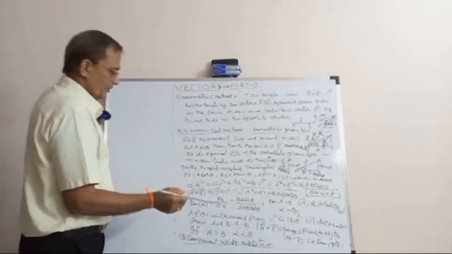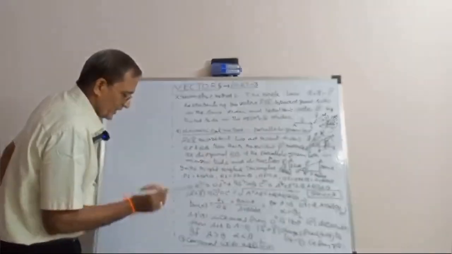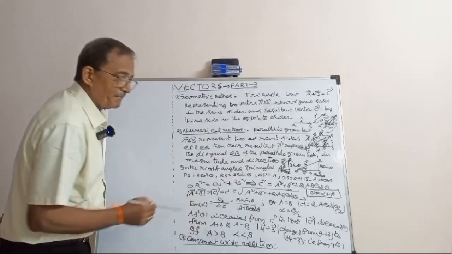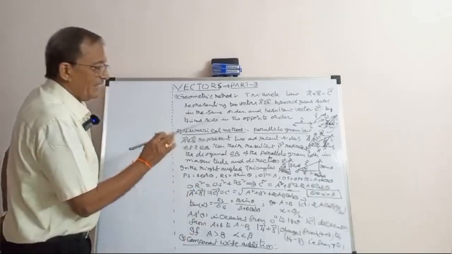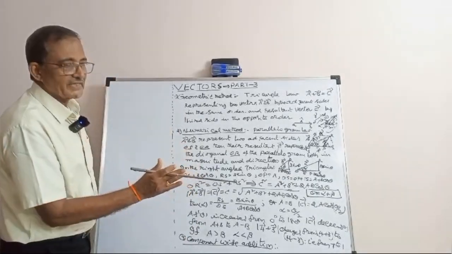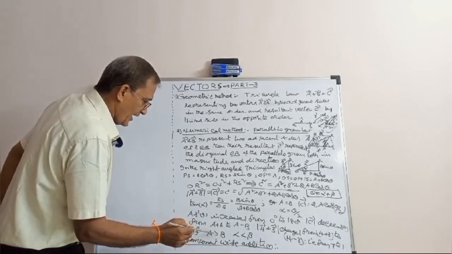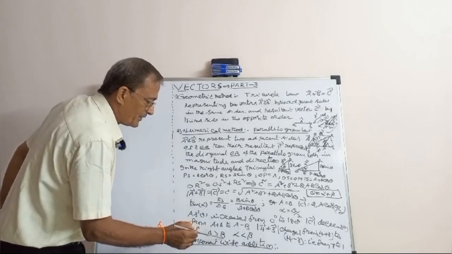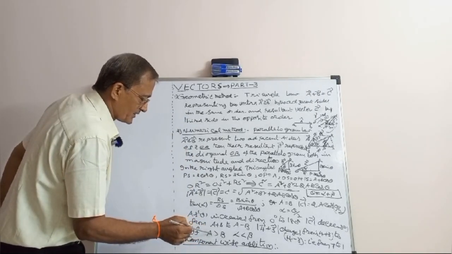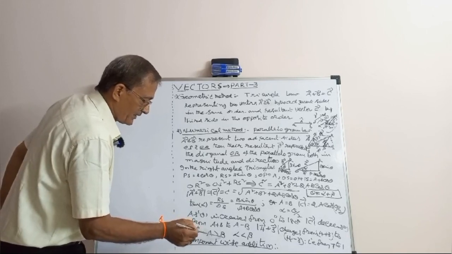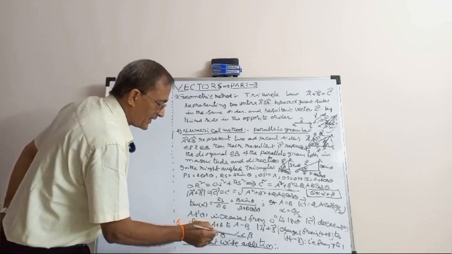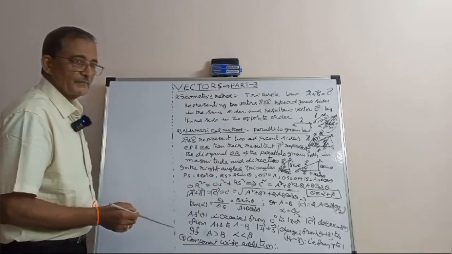And from this, we can also assess, suppose A is greater than B, naturally, the resultant orients towards the greater vector. That's why when the modulus of A bar is greater than that of B bar, then alpha is less than beta.